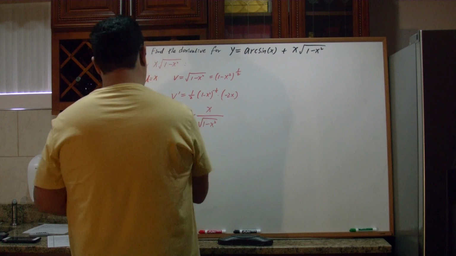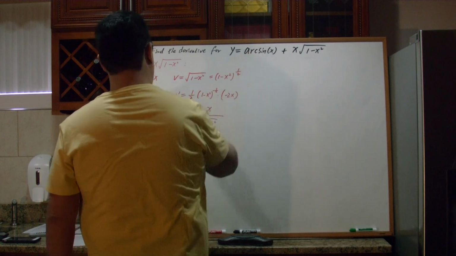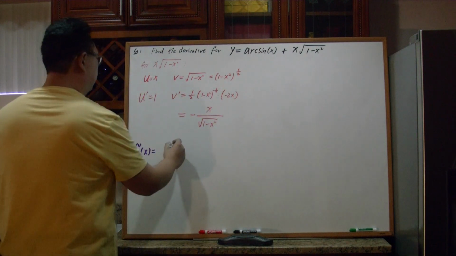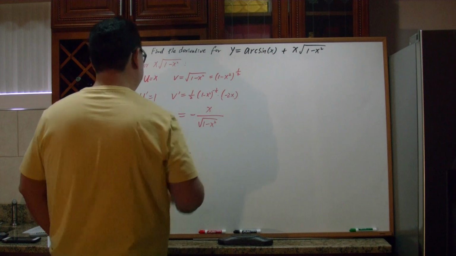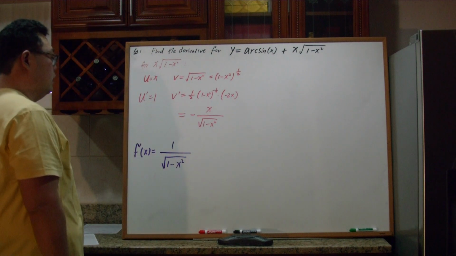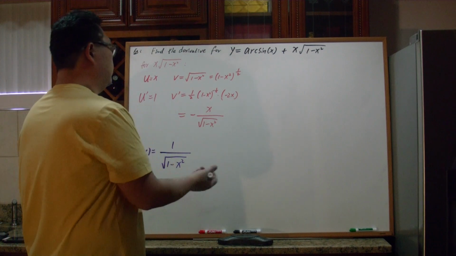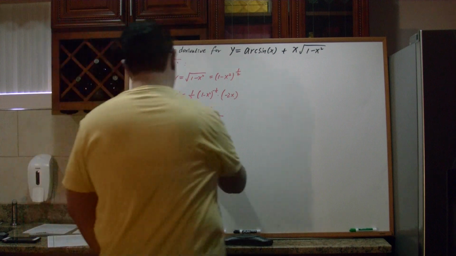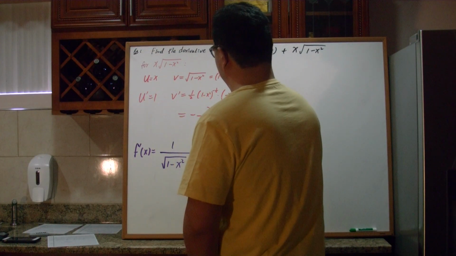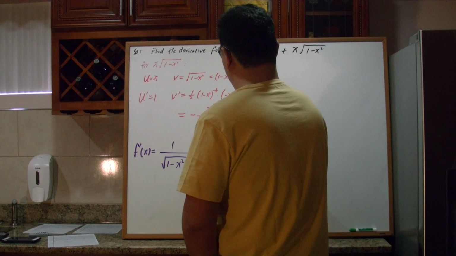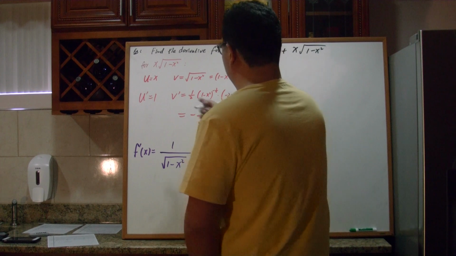Therefore, f prime of x now is doable, right? F prime of x, the derivative of arcsine of x, is simply 1 over the square root of 1 minus x squared. Right, that's the formula: u prime, which is 1 over the square root of 1 minus u squared, plus u prime times v, 1 times the square root of 1 minus x squared, plus v prime times u.